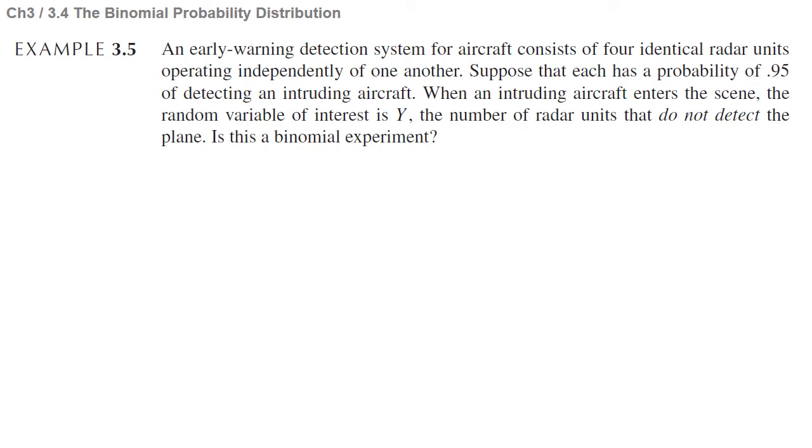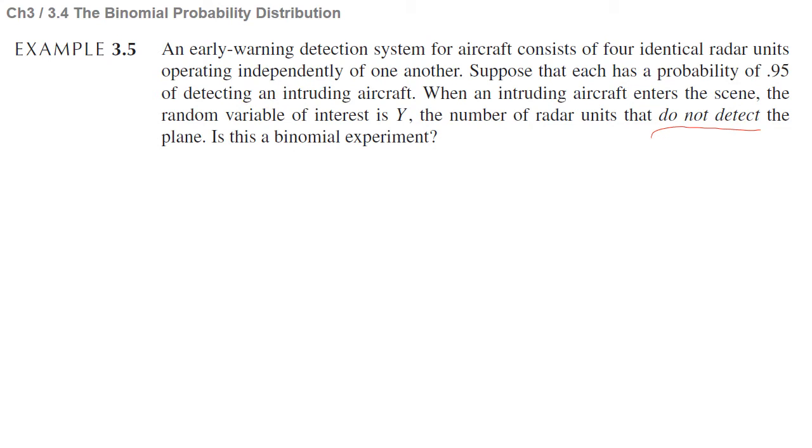Suppose that each has a probability of 0.95 of detecting an intruding aircraft. When an intruding aircraft enters the scene, the random variable of interest is y, the number of radar units that do not detect the plane. Here, not detecting is the interest.